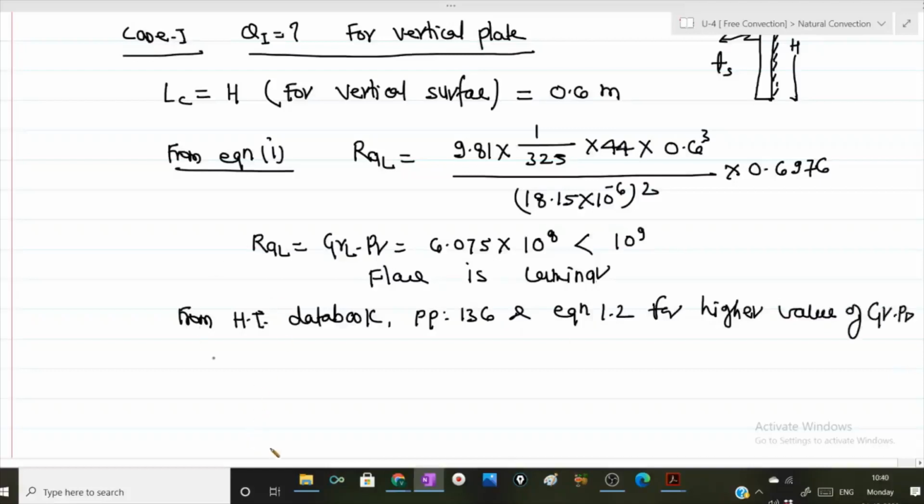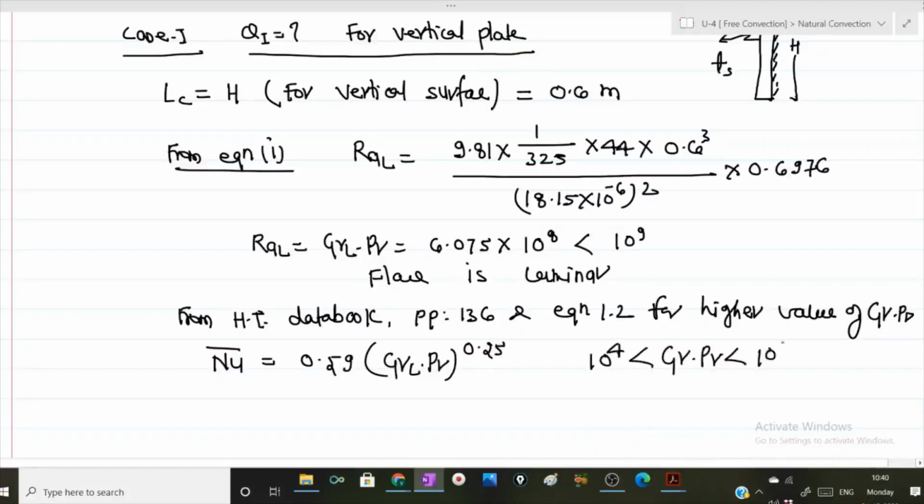So what is that expression? Average Nusselt number is equal to 0.59 (GrL Pr) to the power 0.25, and the value of the product of Grashof and Prandtl number is lying between 10 to power 4 and 10 to power 9.